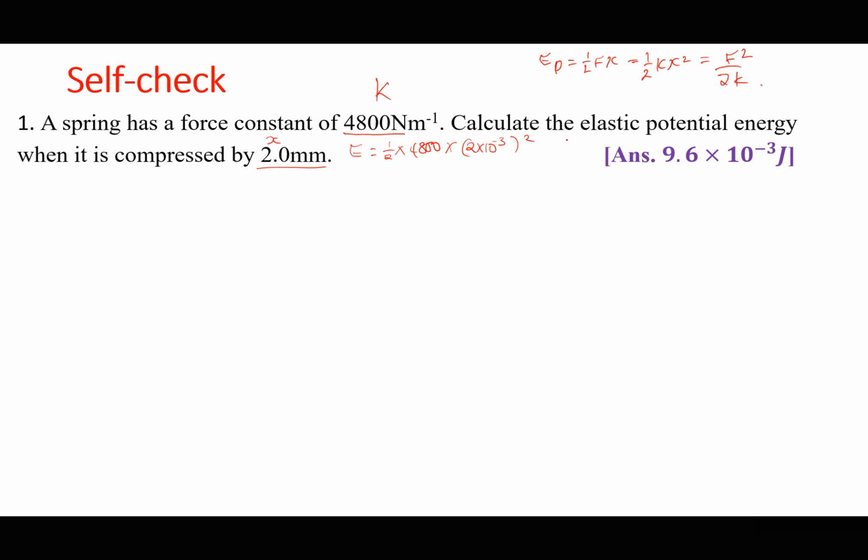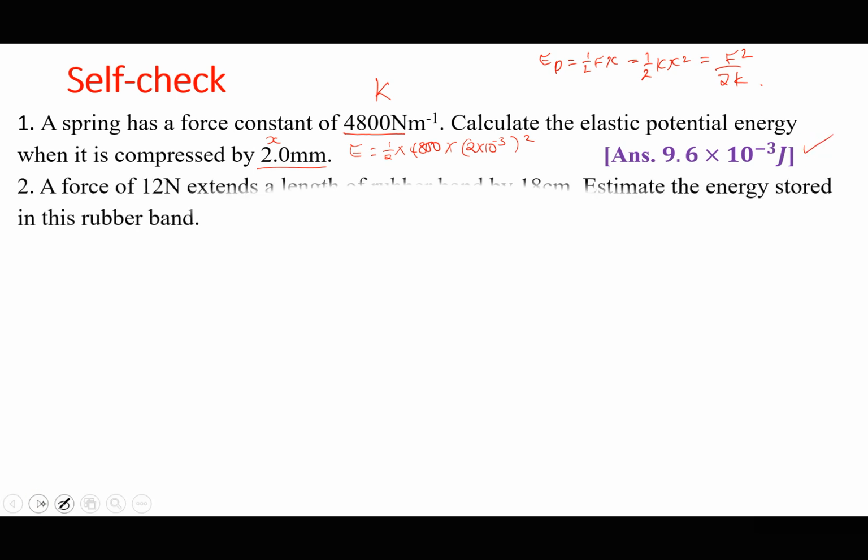Some of these answers are for my students, so I've never checked them. 0.5 times 4,800 times 2 exponent minus 3, but this is squared. So this answer I think is correct. You can also verify with your calculator.